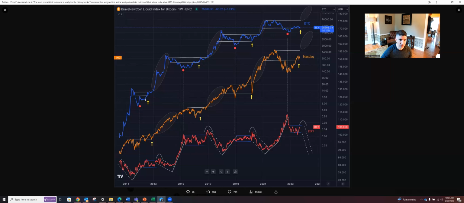We saw Bitcoin really make some massive gains during this consolidation phase right before its parabolic run. In 2015, same thing. The dollar then consolidated sideways for an extended period of time, and the Nasdaq did the same thing. Bitcoin did the same thing, and finally, right here, you can see this little deviation.